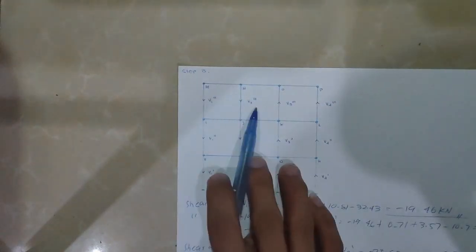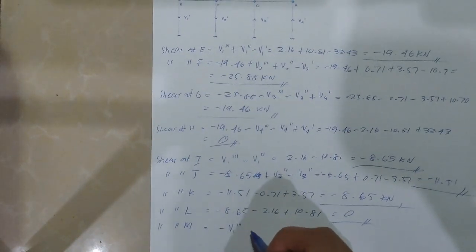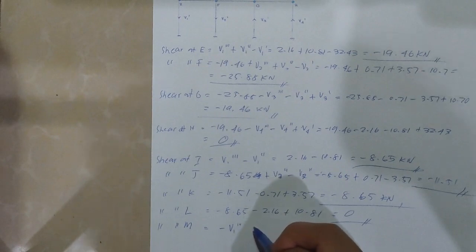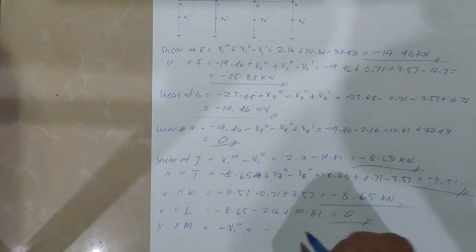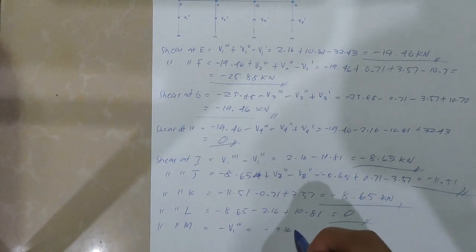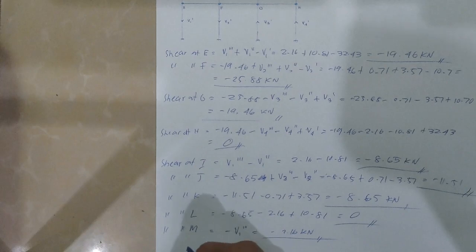Negative, negative, positive, positive. Negative V1 of the third floor is equal to negative 2.16 kilonewton.